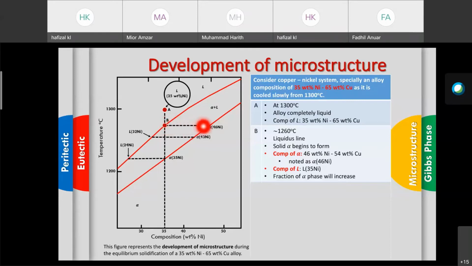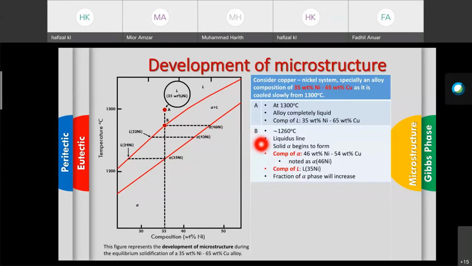We can see there are two points at this temperature: the intersection at point B, where we have the liquid phase, and also at this point where we have the alpha phase. So we have two compositions, whereby the composition of alpha is 46% nickel.